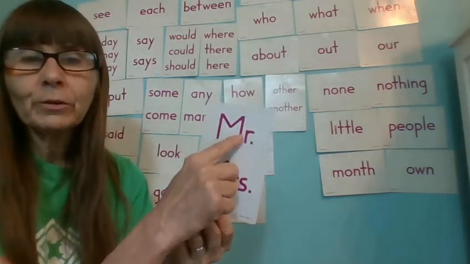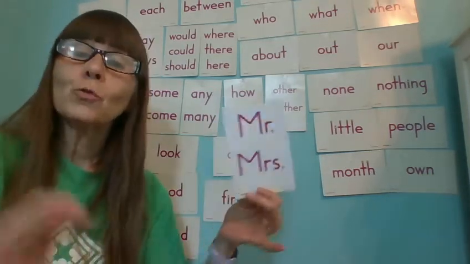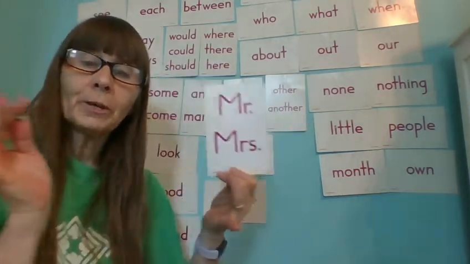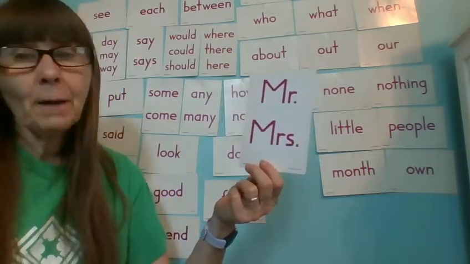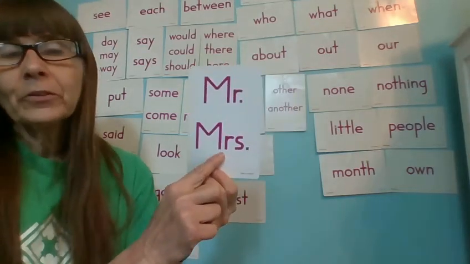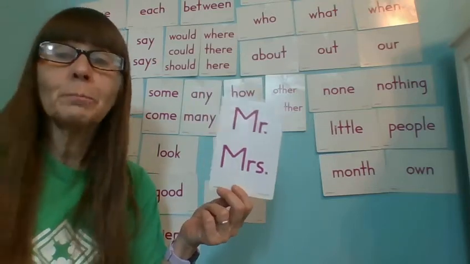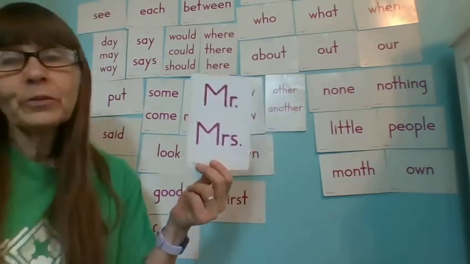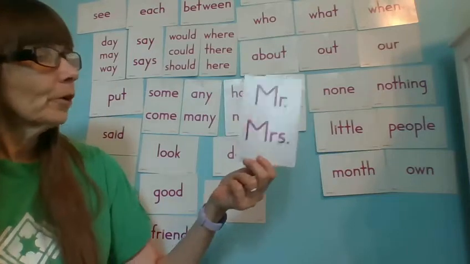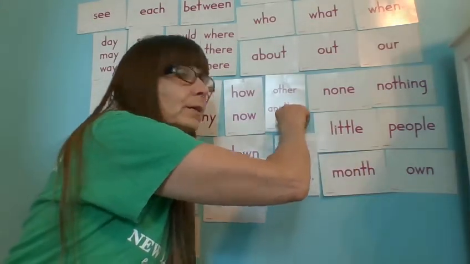This is the first letter in the word Mister. This is the last letter in the word Mister. So to abbreviate it, which means to make it shorter, we took out all those letters in between and got Mr. Mr. and Mrs. Mrs. looks a lot like Mr., but there's an S. And since we hear a lot of S's in the word Mrs., that helps us to remember that S at the end. So those are your trick words for this week.